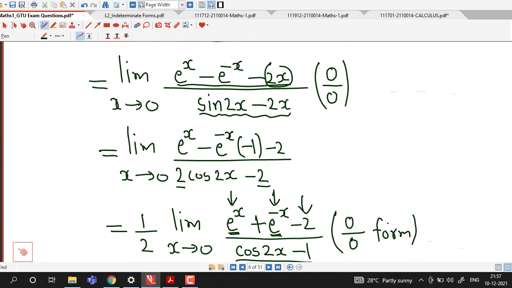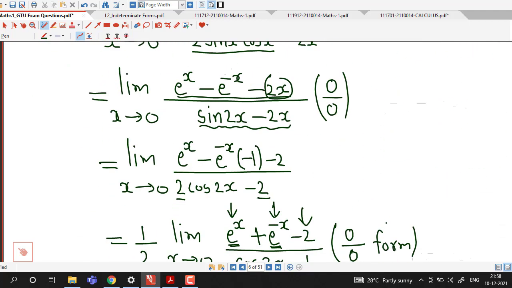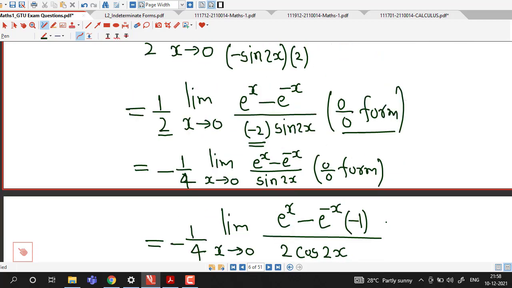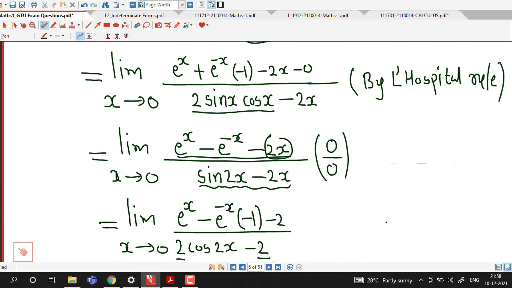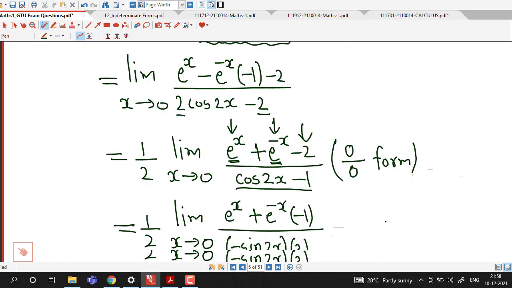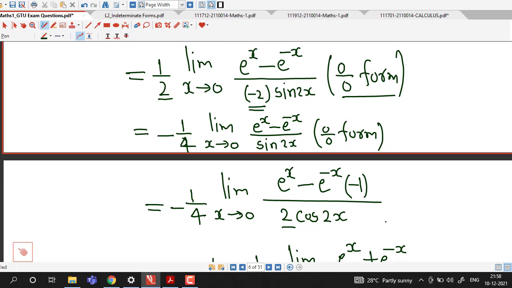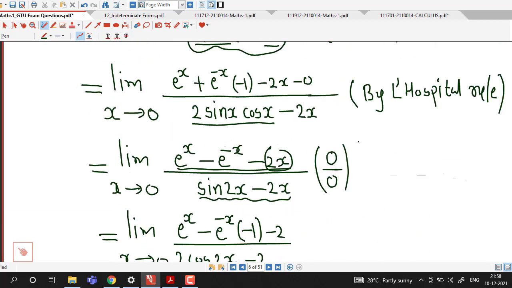We have applied L'Hospital rule so many times because we obtained 0 by 0 form repeatedly. So keep in mind, once we obtain 0 by 0 form, we can apply L'Hospital rule, and we will continue this until we no longer get 0 by 0 form. So this is simple.